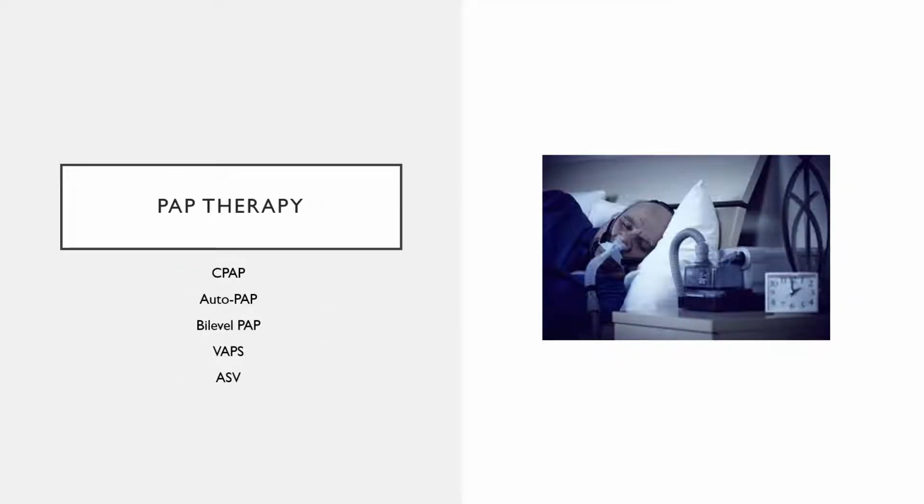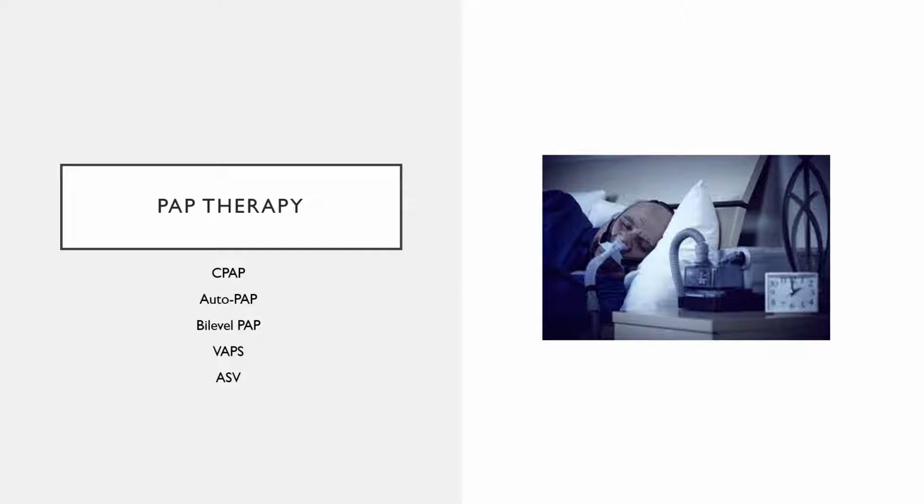PAP therapy is the primary treatment for sleep apnea. Typically, when a patient is diagnosed, they will try CPAP first. That stands for continuous positive airway pressure. However, auto-PAPs have become more popular and have been found to be just as good as CPAPs. If a patient cannot tolerate CPAP or auto-PAP, they may progress to what's called bilevel PAP.